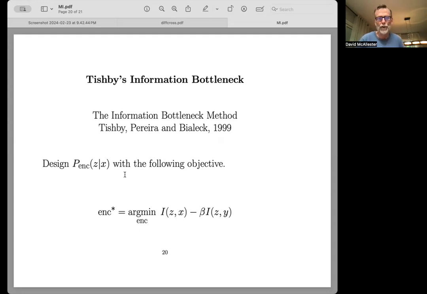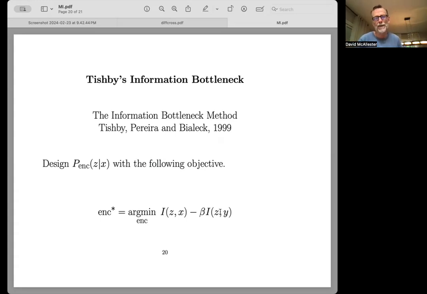We're going to assume a distribution over XY pairs, and we're going to try to construct an encoder that produces a Z that has the largest possible information with Y, while not preserving the information with X. So this is looking for the mutual information, the signal, while dropping information that is not relevant to making a prediction.